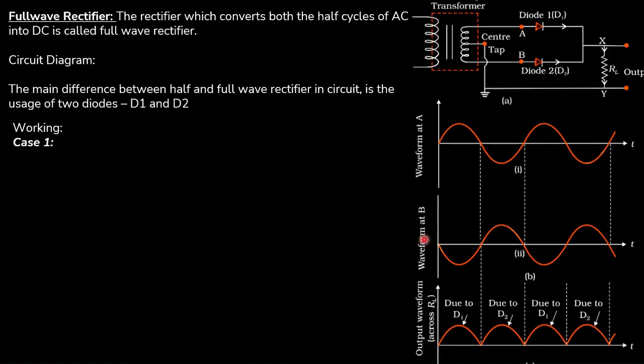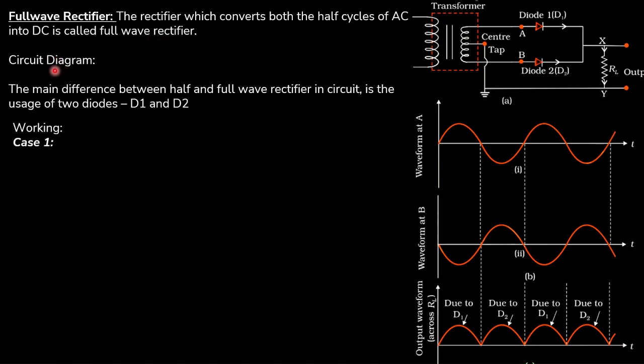We obtain an output waveform for both the cycles. So in a full wave rectifier, the rectifier converts both half cycles to a DC. That is called a full wave rectifier.